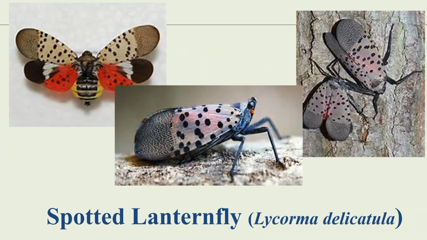This is spotted lanternfly, the current pest of the year here for the last several years. So you can see the insect is quite large. It's 1.5 to 2 inches in body length with the wings, the adult stage. And you can see the hind wings are brightly colored.